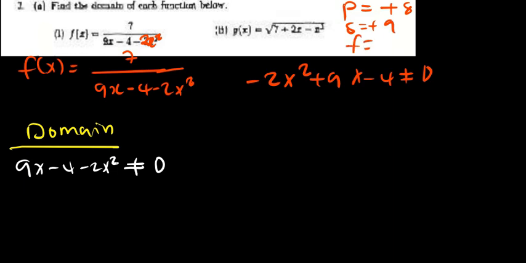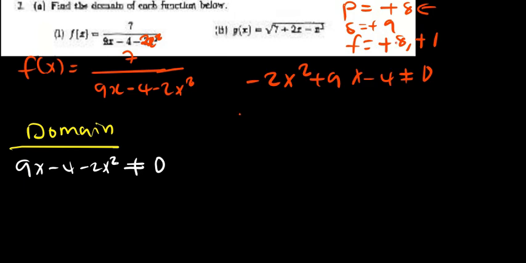What are the factors? Negative 8 and negative 1? Is this going to be okay? No. Both should be positive. Positive 1 times positive 8 is positive 8, and 8 plus 1 is 9, yes.